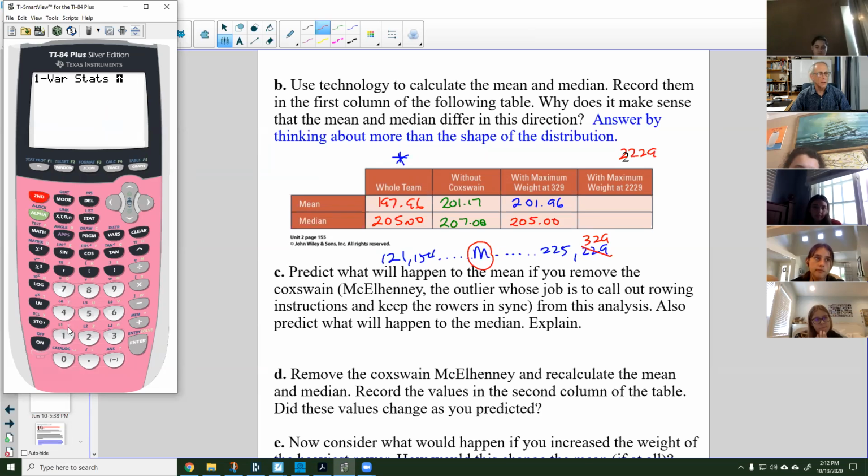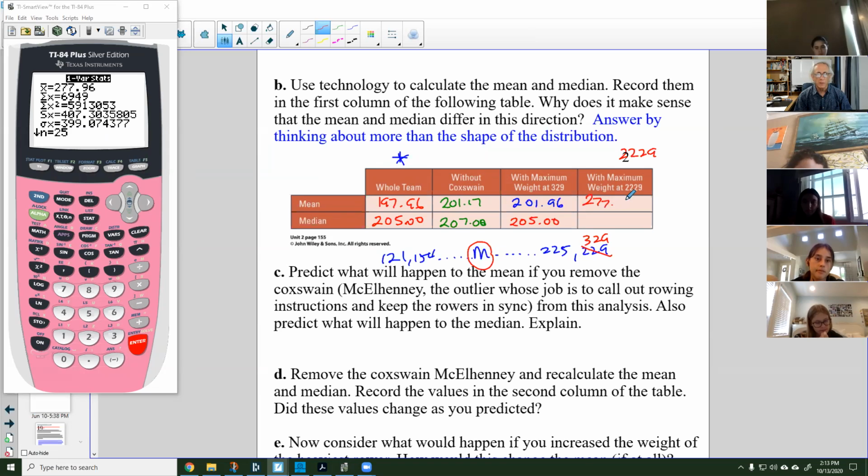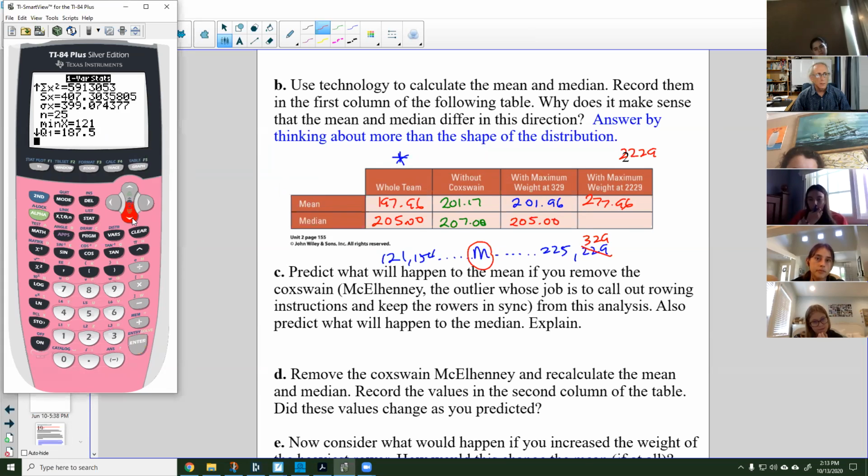I'm still editing L1. I hit enter, and I find out my mean has gone up quite a bit, 277.96. And my median stays the same at 205.